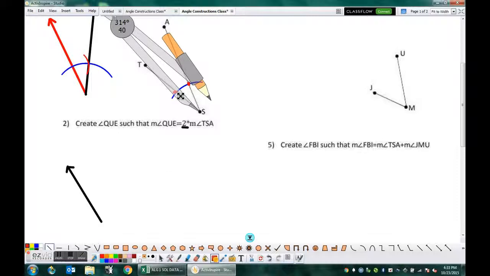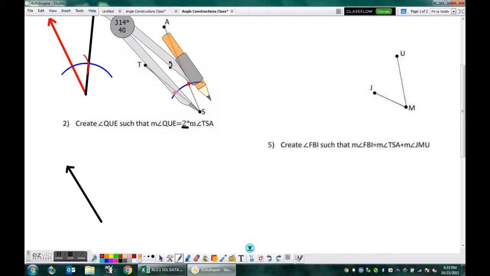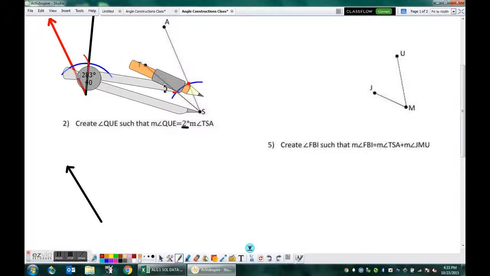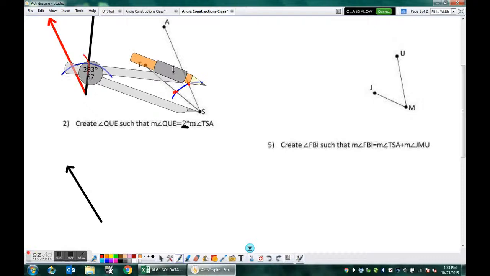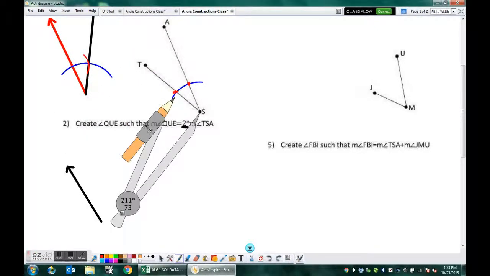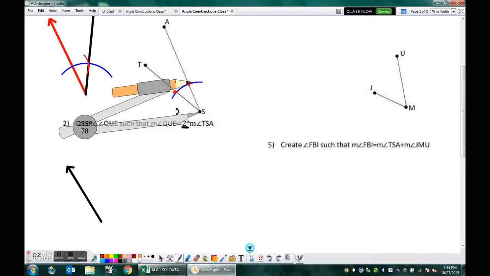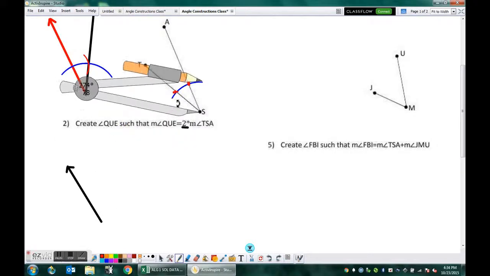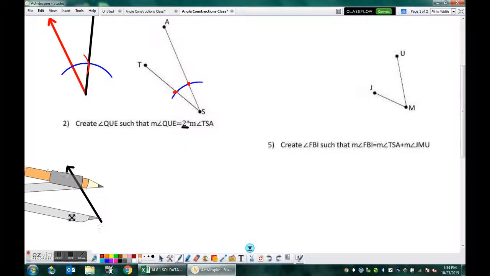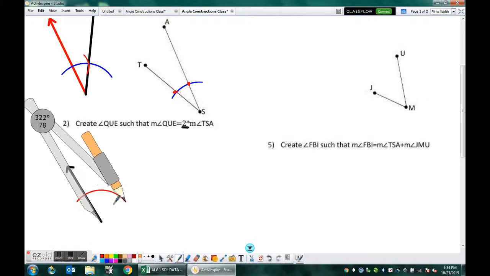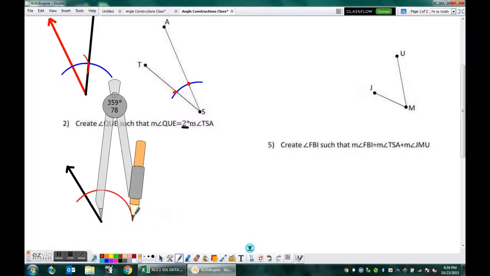And again, sharp point on the S, and I swing my compass through this angle. Then I'm going to copy the same arc over to the new ray. So I start with the sharp point at the endpoint of the ray, and I swing through.